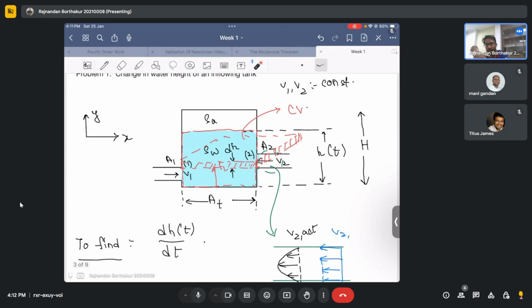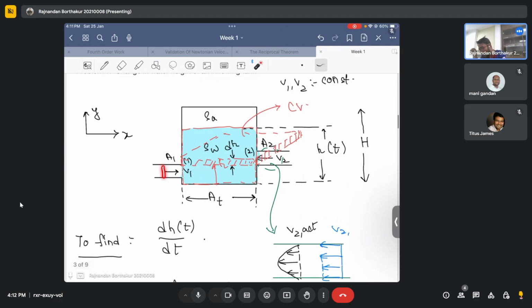For example, if I have a parabolic velocity profile, I just have to do this integration of u1(y) dy, from here to the height of the channel.